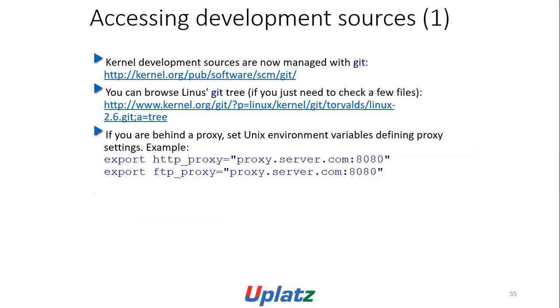Accessing development sources: kernel development sources are now managed with Git. You can browse Linus' Git tree here if you just need to check a few files. If you are behind a proxy, define the proxy settings with Unix environment variables. Example: export http_proxy=http://server.com:8080, export ftp_proxy=http://server.com:8080.